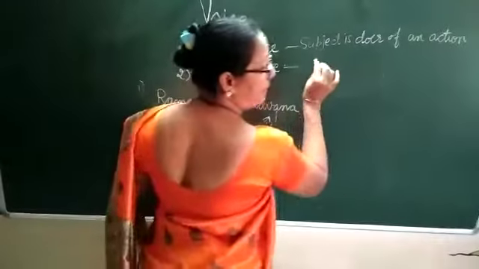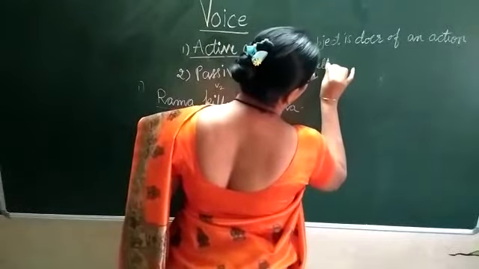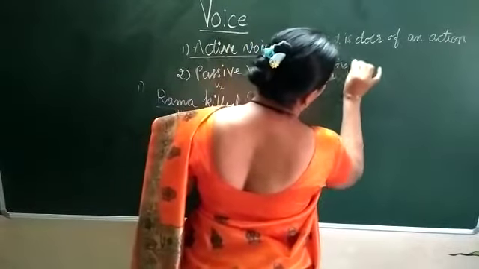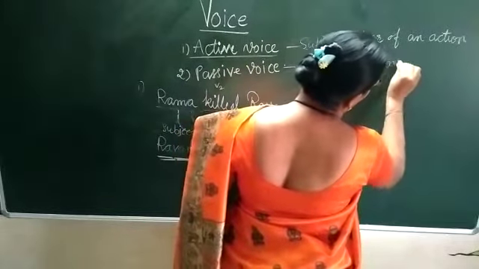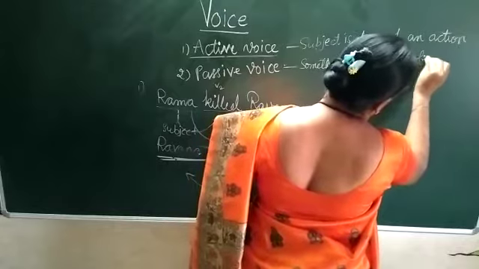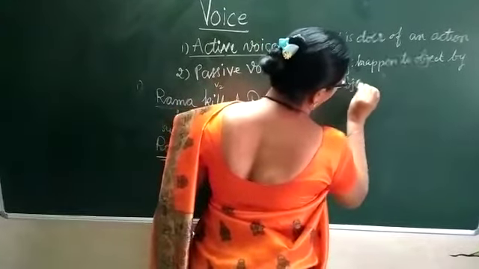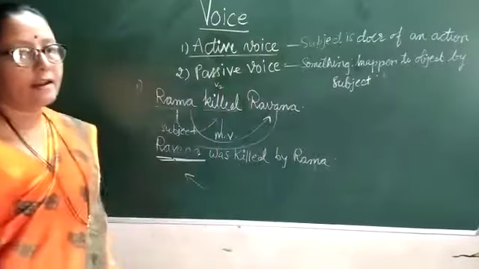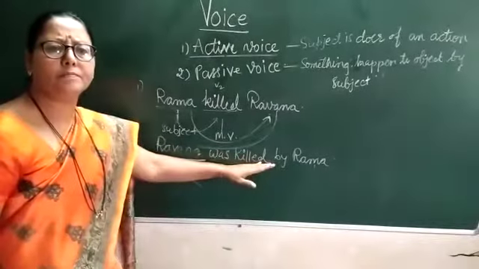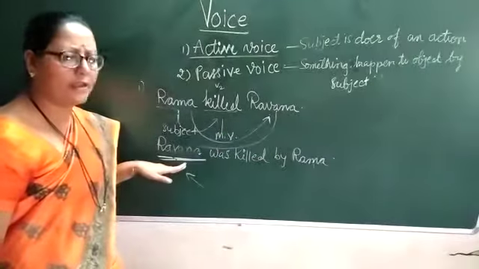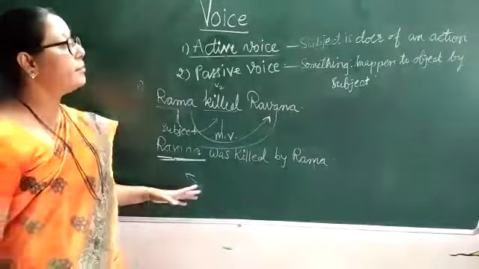See here, what I am writing in short: something happened to object by subject. Correct or not? See here. Something happened. What happened? Killed. Who was killed? Object was killed. By whom? By the subject. Then what did we come to know?